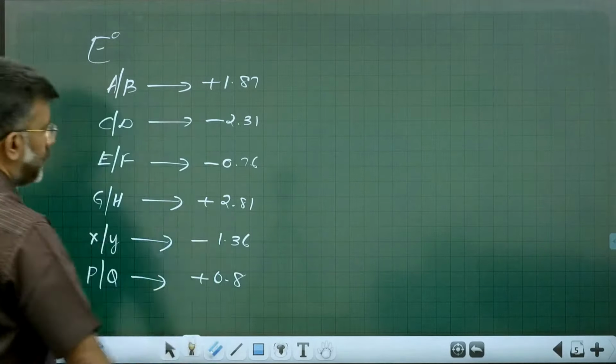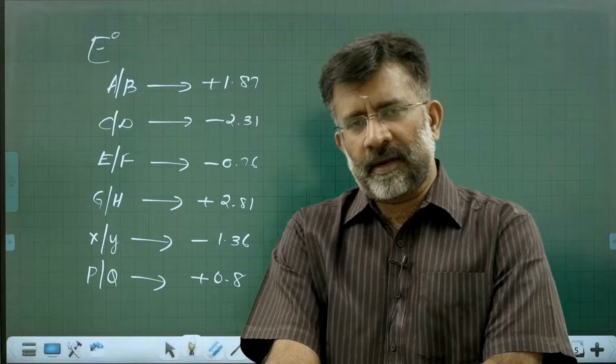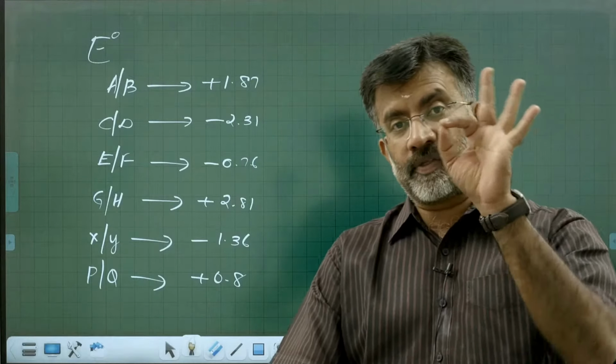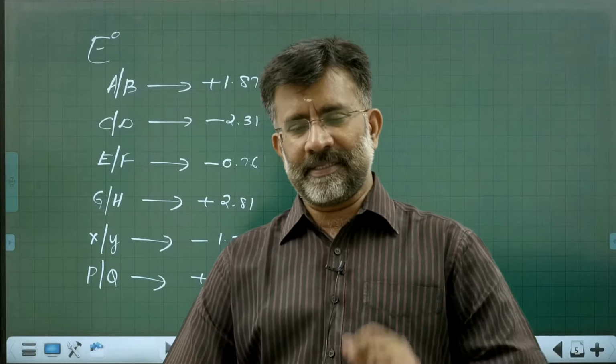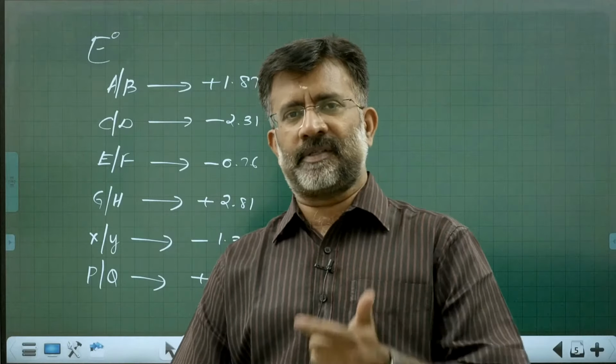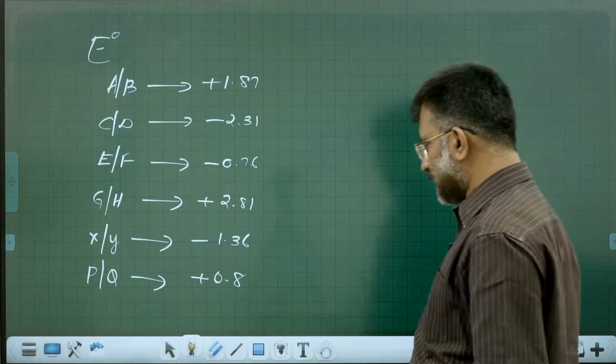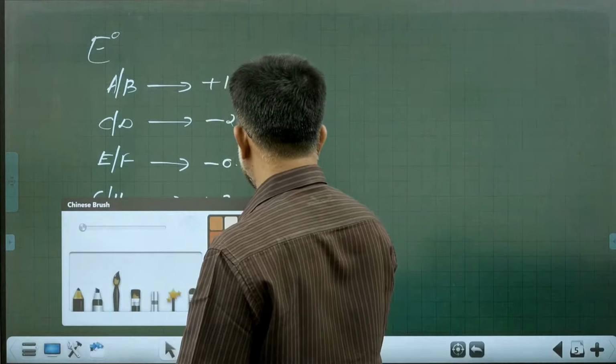This is the way the potentials are given. Just imagine the question comes: arrange in increasing order of oxidizing strength. How do you do it?